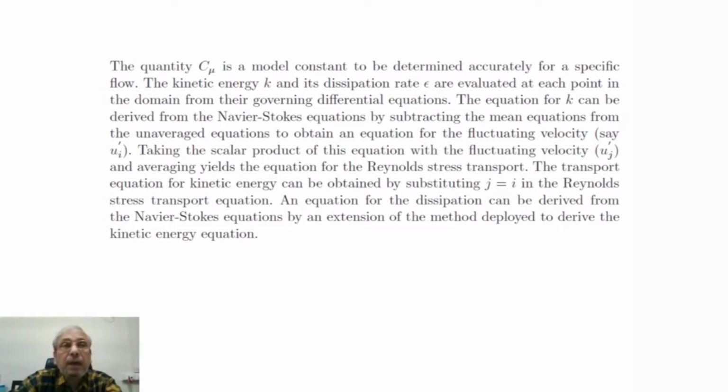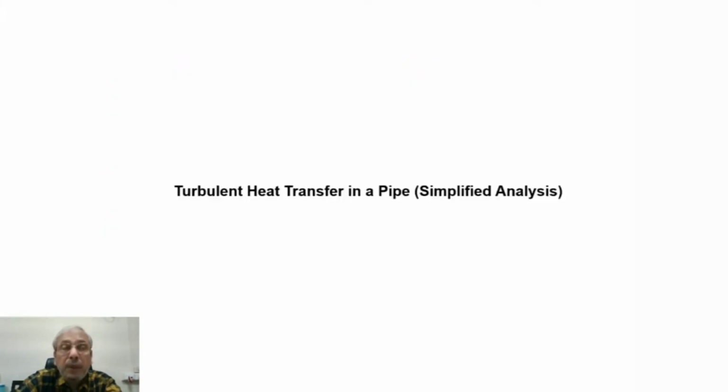Now, the detail of the methodology is beyond the scope of this particular course. So we will go for another approach, which is a very simplified analysis for solving the temperature field and getting the value of Nusselt number at the wall in a pipe flow.